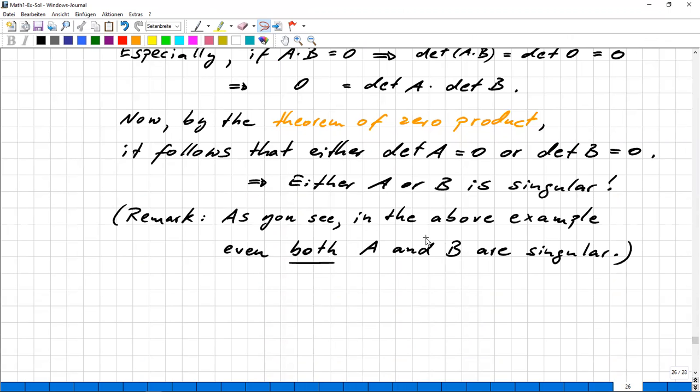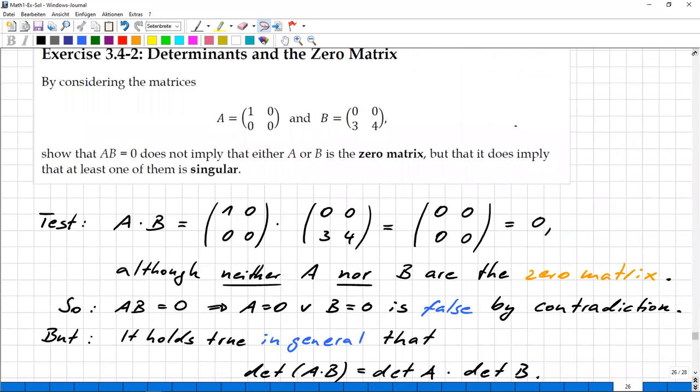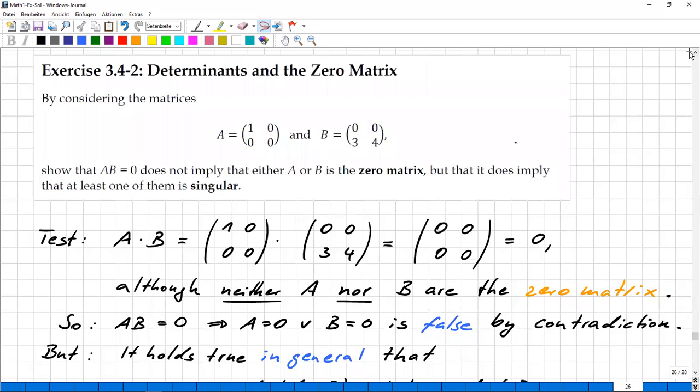I told you that in the example, both are singular. Actually, I must admit, perhaps it's an interesting exercise for the coffee break or something: do you find any example where just one of these matrices is singular and anyway their product is the zero matrix?